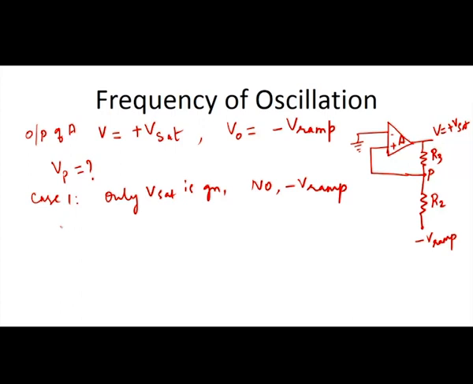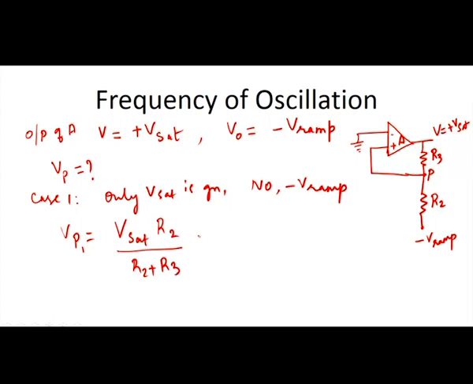At that time, the voltage at the node P will be, using the potential divider rule, with V ramp equal to 0, the voltage across the resistance R2, which is the voltage given to the positive terminal. So, now the voltage is V saturation into R2 divided by R2 plus R3. Take this as Vp1.